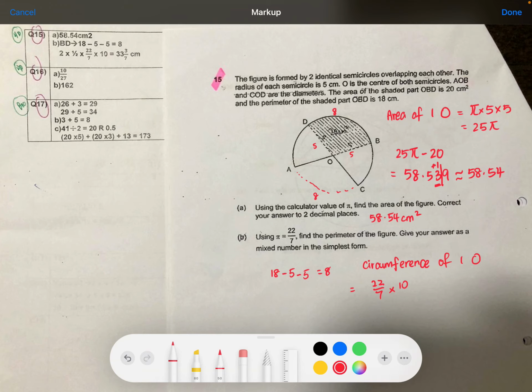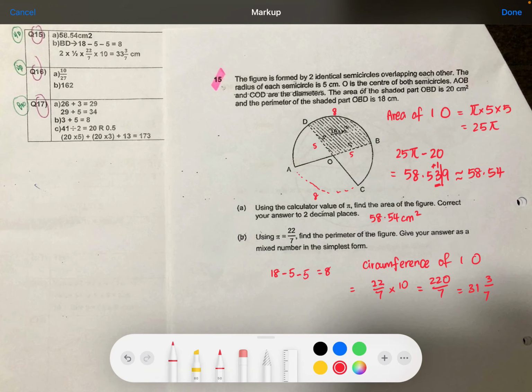So let's see, I will get 22 times 10 over 7, which is 31 and 3 out of 7. Okay, so you will get 31, 3 out of 7.